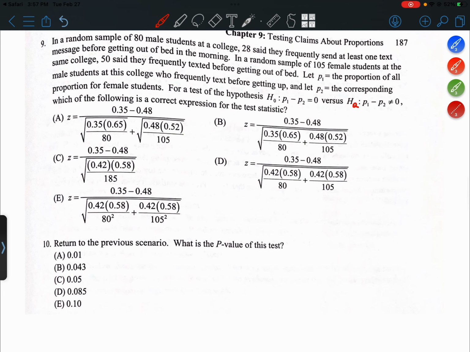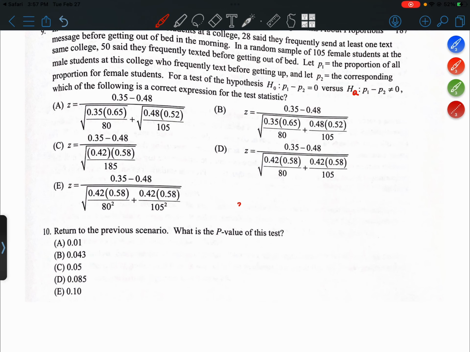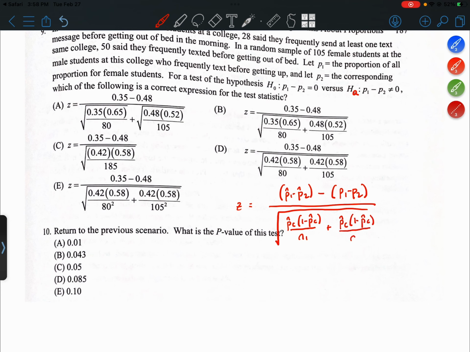So the specific formula is P hat 1 minus P hat 2, that represents our statistic, minus P1 minus P2, that represents our parameter, divided by the square root of P hat C, 1 minus P hat C over N1, plus P hat C, 1 minus P hat C over N2.